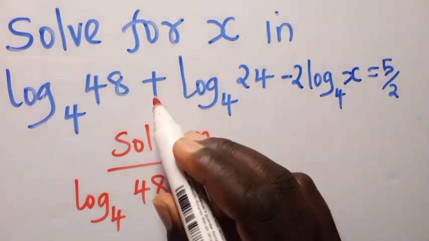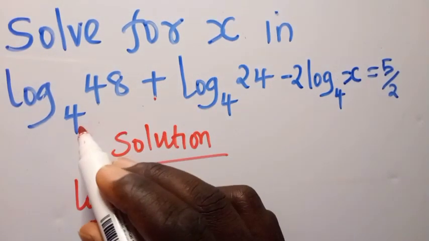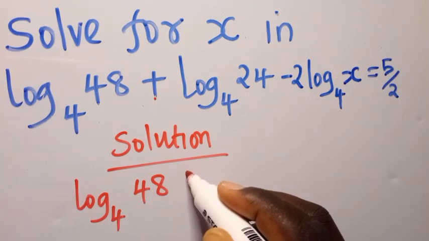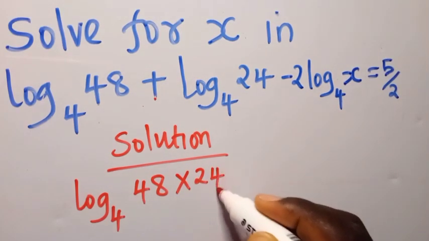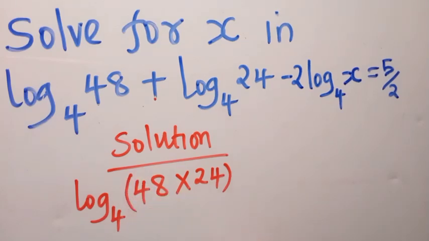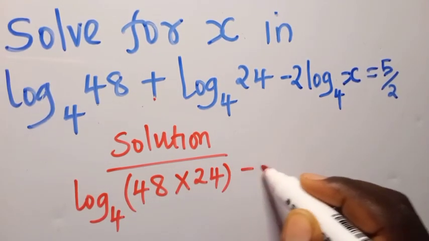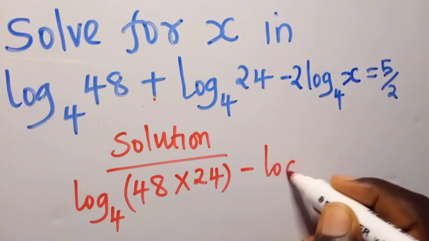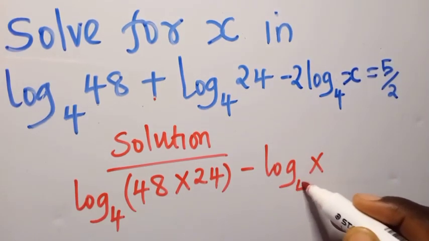Then, because of this addition sign, and these are logarithms of the same base, then we can multiply 48 with 24 directly. Now, from there, we shall also have minus the logarithm of x to base 4.